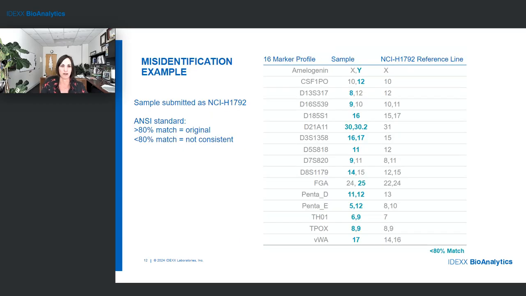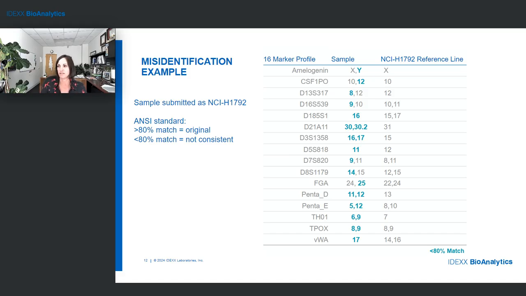So here's a sample profile that was obtained from a submitted cell line. So this sample was submitted as NCI-H1792. And according to the national standards, then these profiles definitely do not meet the 80% match criteria.